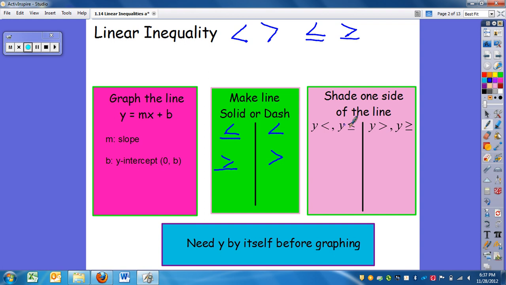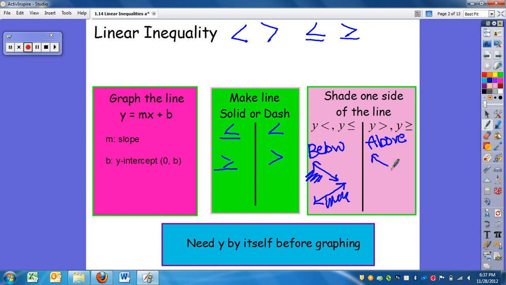And then you're going to shade one side of the line. If y is less than, so really look at the y, you are going to shade below the line. So if the line was like this, below the line would be this way. Or if the line has a positive slope, below the line would be this way. If y is greater than or y is greater than or equal to, you are going to shade above the line because you are higher.